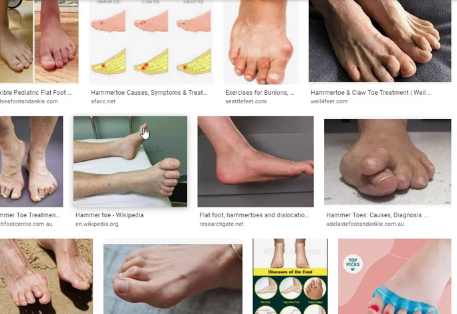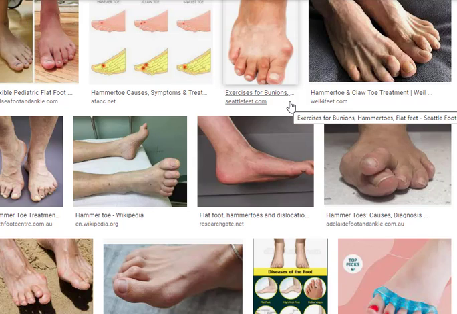Here's a couple of fun things that you can do to your feet. You can get what they call hammer toe. So there's an example of it. Another example. This is usually caused by wearing shoes that don't fit or from wearing high heels. So guys don't have as much to worry about as the ladies do.